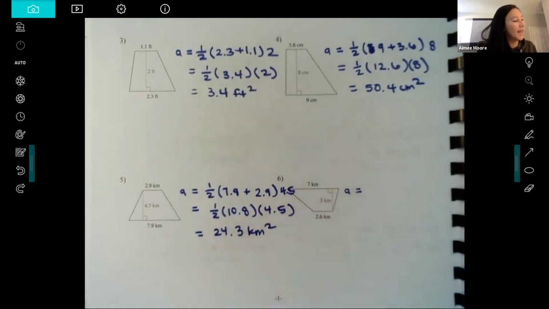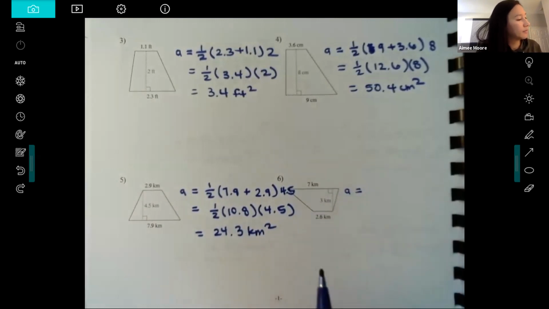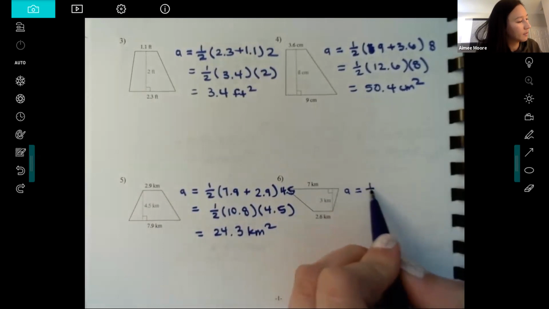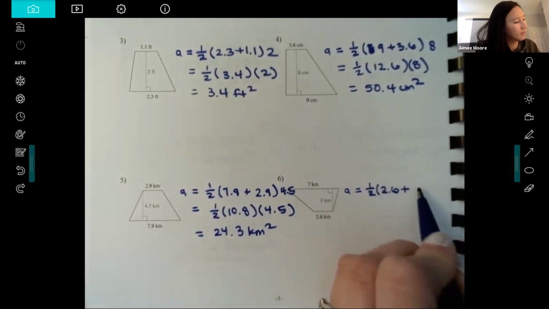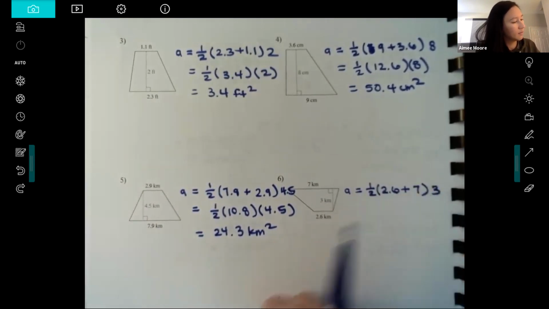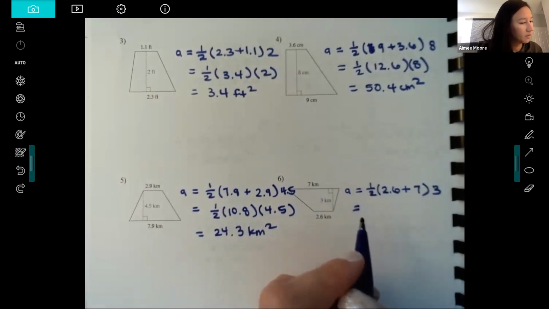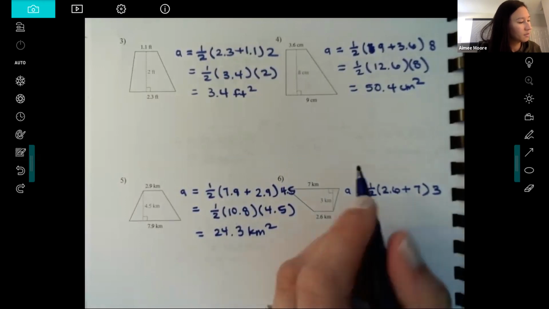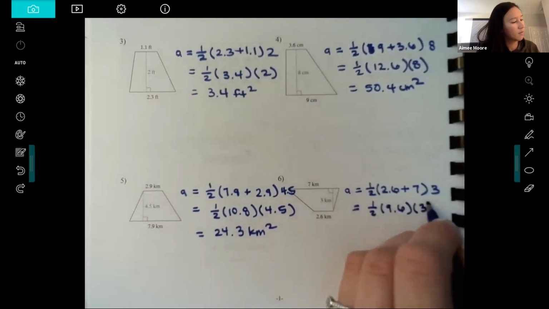The next one too? Yeah. Okay. 1/2, 2.6 plus 7 times 3. Very good. 9.6 times 3, good.